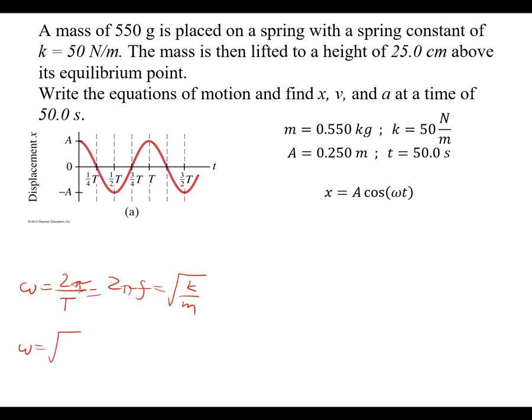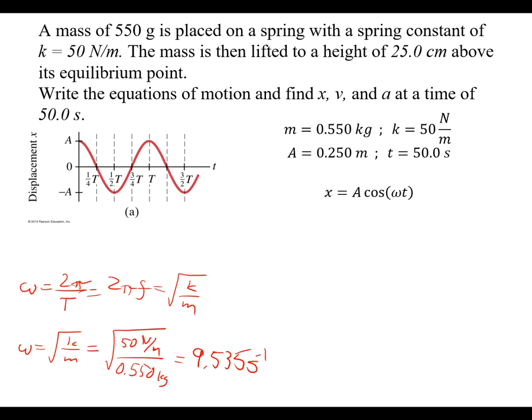So if we do the square root of k over m, that will be the square root of 50 newtons per meter divided by m, which is 0.550 kilograms. That gives us an omega of 9.535 inverse seconds.